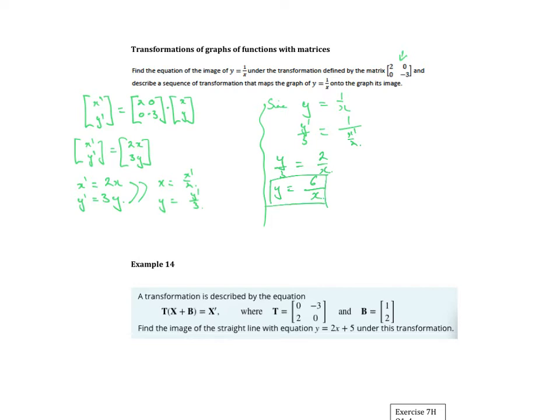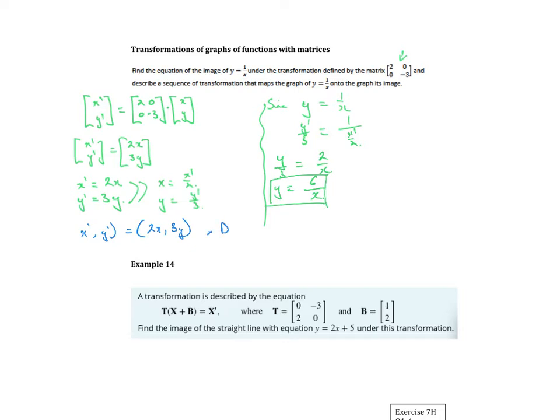All right. That's my new equation. What were the transformations that took place? Well, I can get that from here. X dash y dash is equal to 2x, 3y. So what happens if I multiply the x value by 2? It moves it from the y-axis, doesn't it?